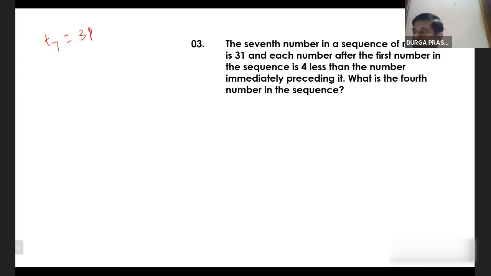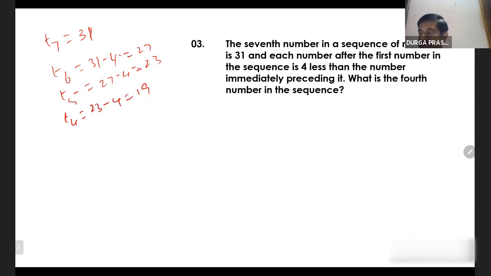So 4 less than the number immediately preceding it means T6 is 31 minus 4, T5 is 27, then 27 minus 4 is 23. T4 is 23 minus 4, that is 19. And so on it continues.